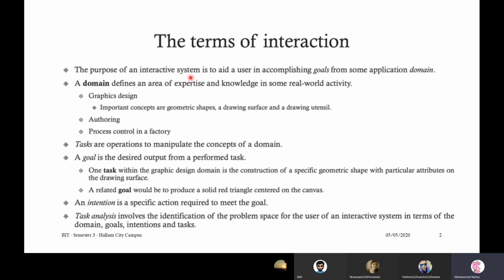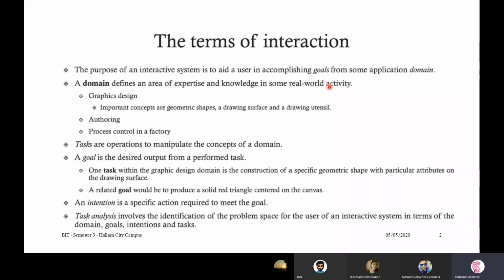So in an interactive system, user has some goals. They want to achieve something from a particular application domain. So application domain, which describes here, defines an area of expertise and knowledge in some real world activity. That means it is the environment, or we call it the context. Different words can be used for domain.